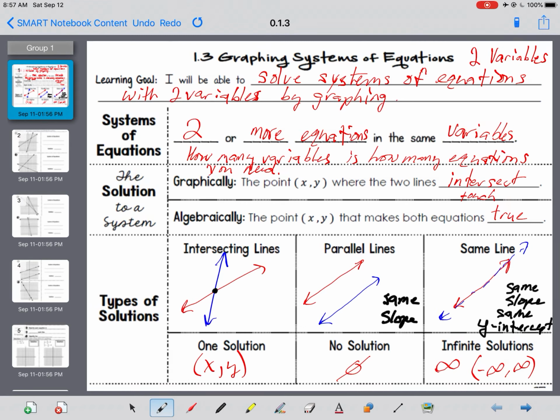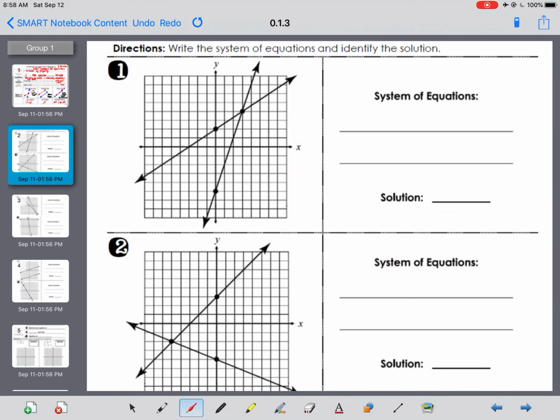If it's the same slope, different y-intercept, no solution. And if it's different slopes, then they will definitely intersect. So different slopes, one solution. Same slope, it's either infinity or none. Okay? Things to remember, things to know.